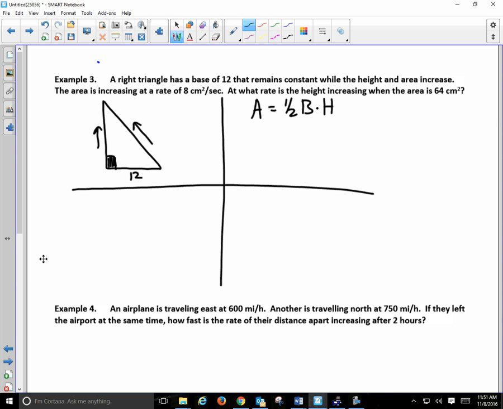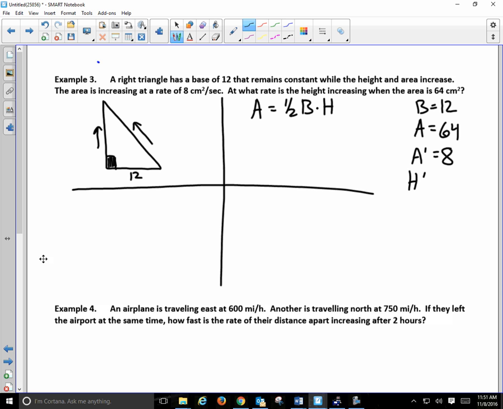What do I know? Base is 12. What else? Area is? A prime is 8. What am I looking for?